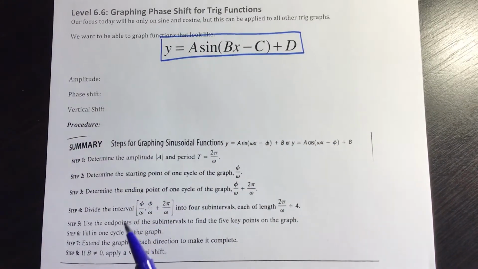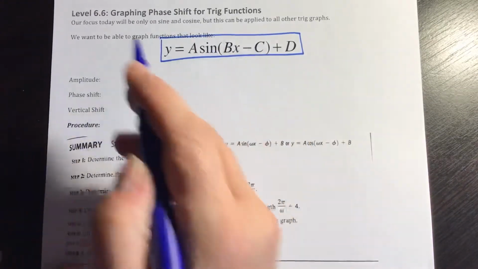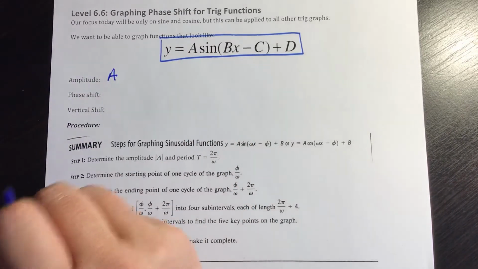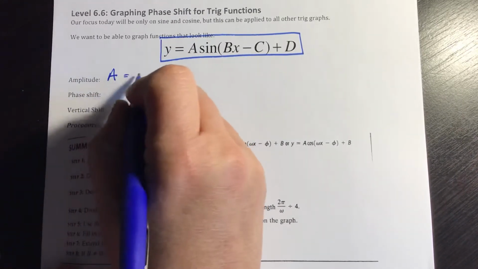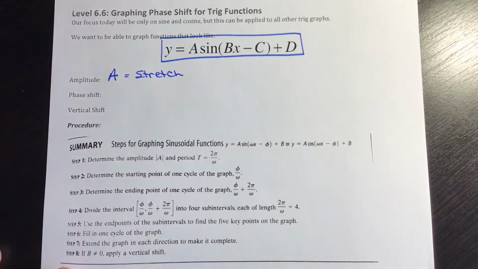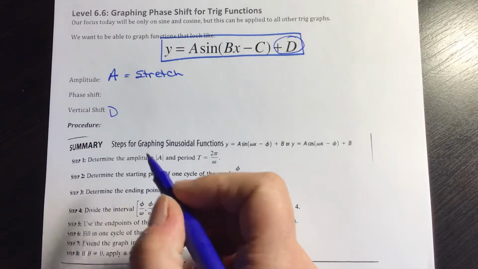Just again, defining what these mean, the amplitude is A, and the amplitude is a stretch of the function. And we know a vertical shift, that is the D part of this.